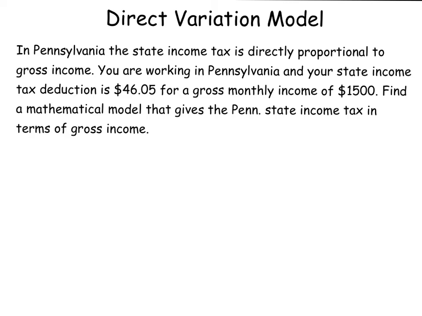The difference now is we're given some information and we're typically going to write what the equation is. Direct models usually follow this structure: y equals k times x, where k is a constant, and in fact it's the constant we'd like to find.